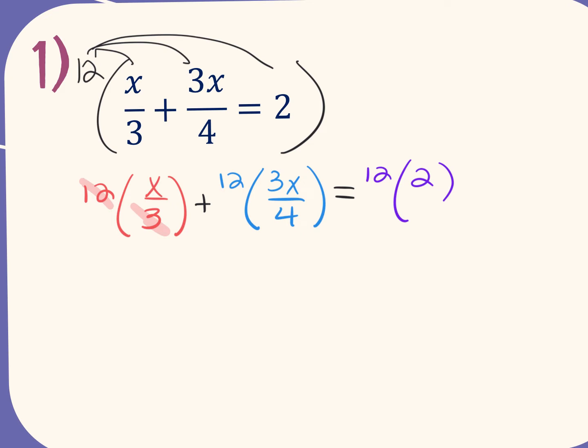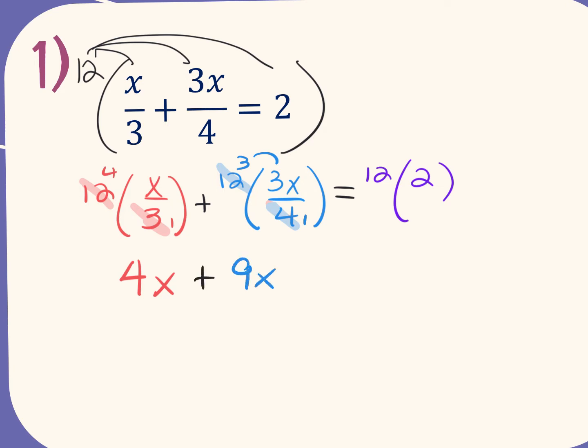I can divide 12 by 3: the 12 becomes a 1, this becomes a 4, and I'm only left with 4 times x. Then I do the same thing here: the 4 becomes a 1, the 12 becomes a 3, and I multiply 3 times 3x and get 9x.